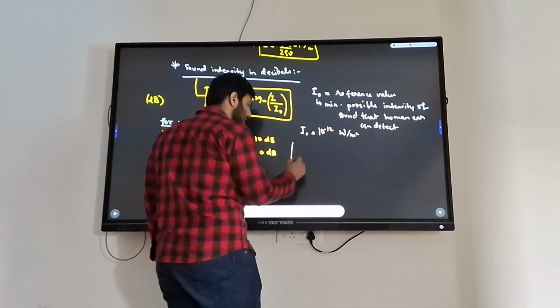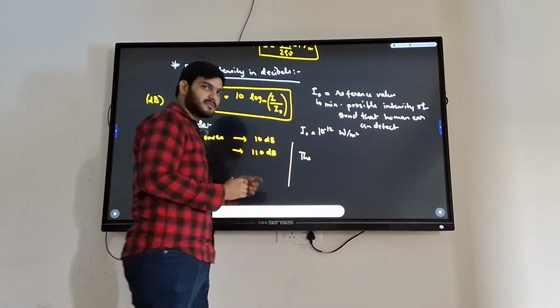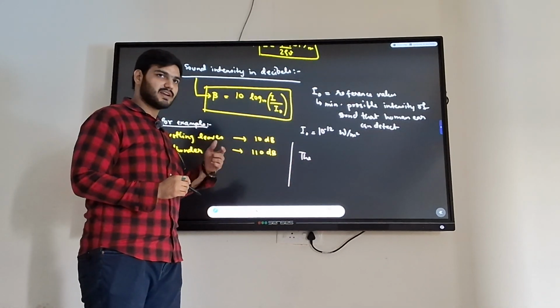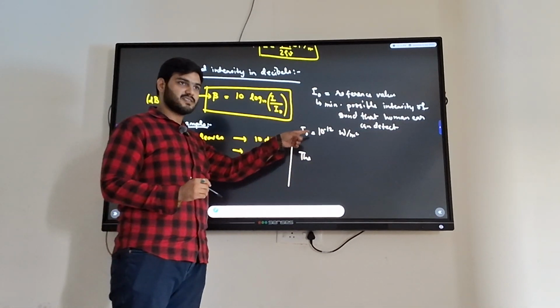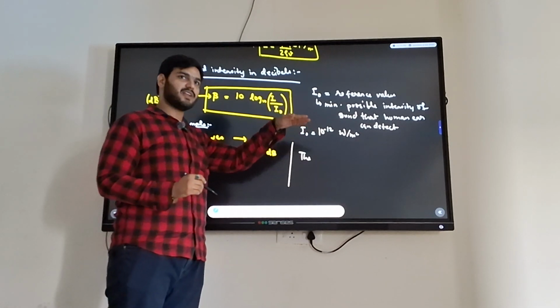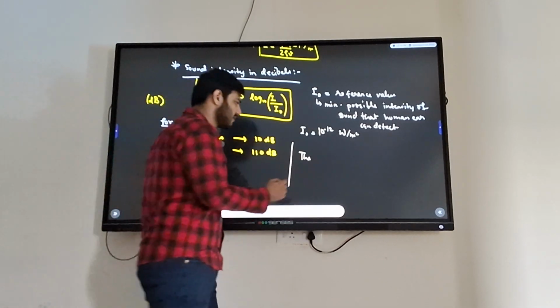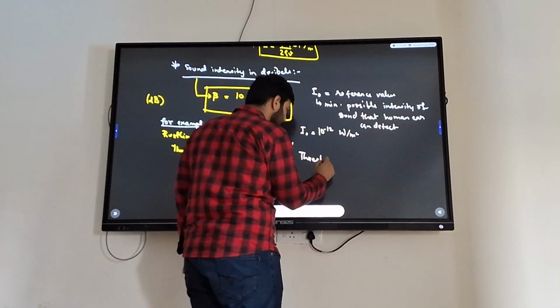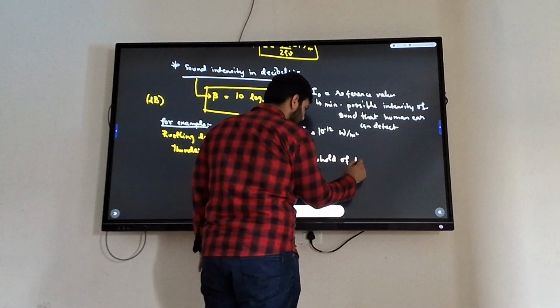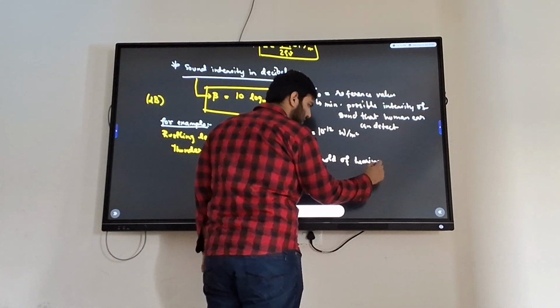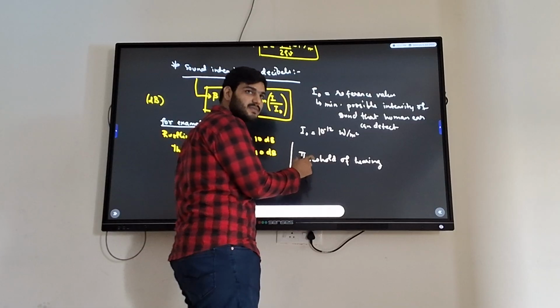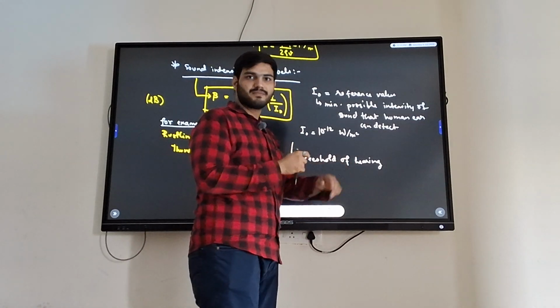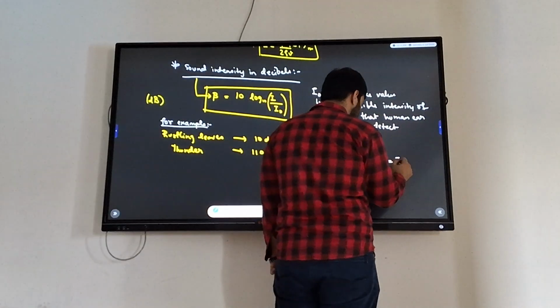You can't hear sound with an intensity which is less than this. This is the threshold. Only above this can you hear it. Everyone understands the meaning of threshold, na? It's the minimum possible value. Threshold of hearing is I0.